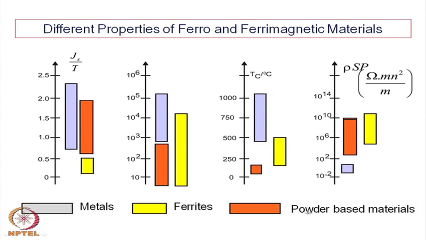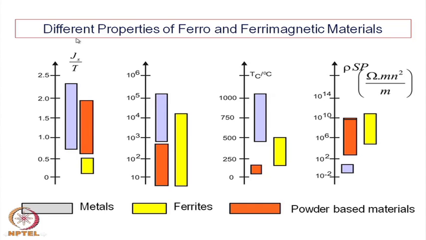In the powder form, what is their property? These are consolidated form, in the solid form, sintered form, whereas these are basically in the powder form, the same material when you have the powder form. Some of the powders are also important from a practical point of view. That is why the powder properties are also given.